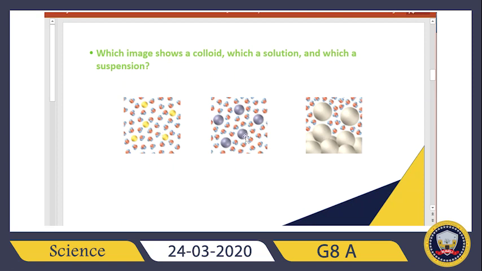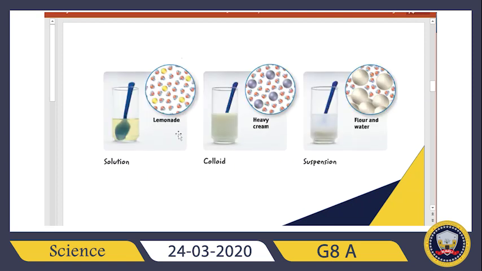On the other hand, in a suspension we have really big observable particles inside the liquid or gas. So we have these huge particles, so this is basically a suspension. So the solution can be lemonade, the colloid can be milk or cream, and the suspension can be a mixture of flour and water. I guess we are all clear about the differences between solutions and other types of mixtures. So let's move on.